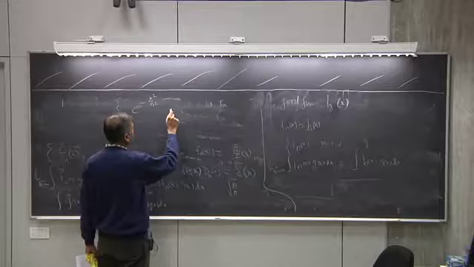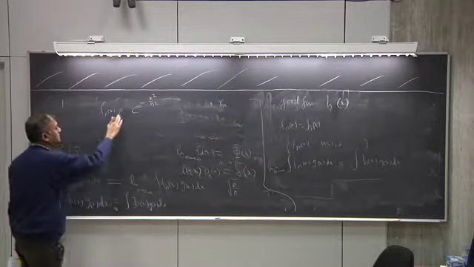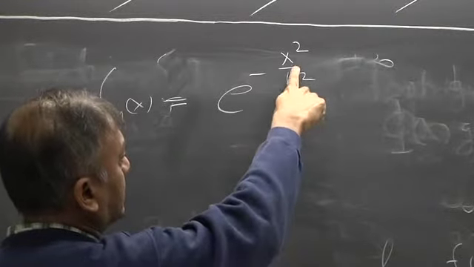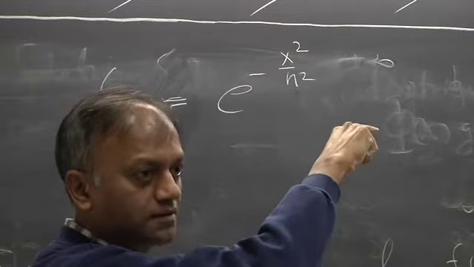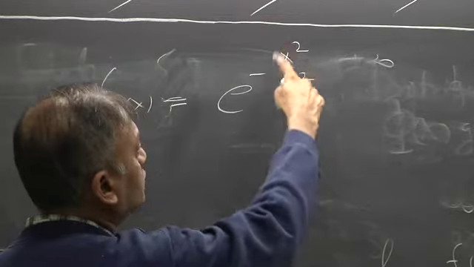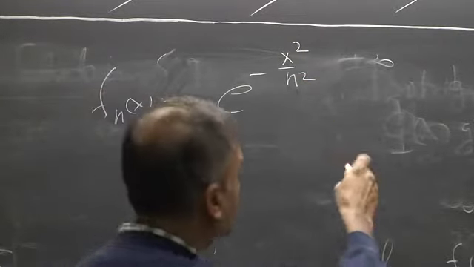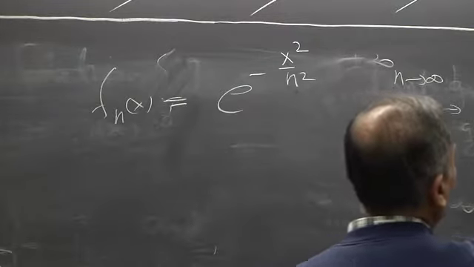Consider this function f n x equal to that. No matter what value of x you choose, as n goes to infinity, this goes to 0 in the exponent, so it's just 1. So as n goes to infinity, it is equal to 1 for any finite x.